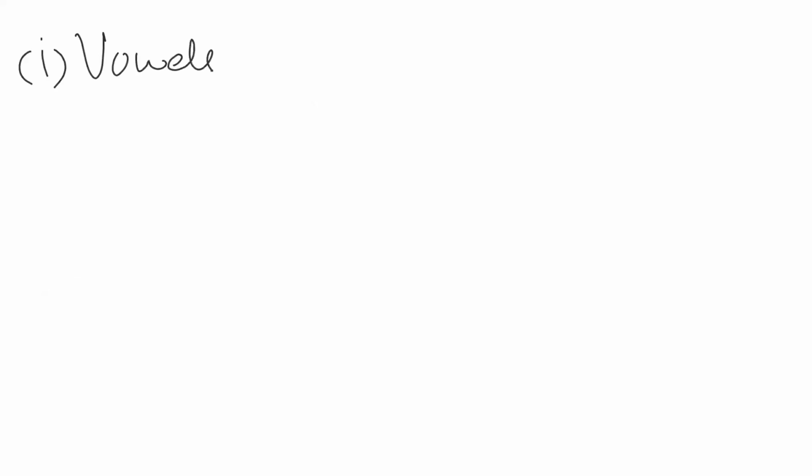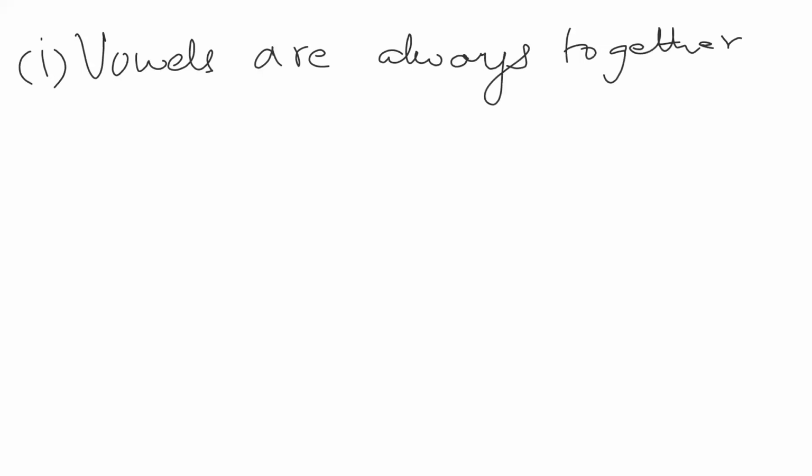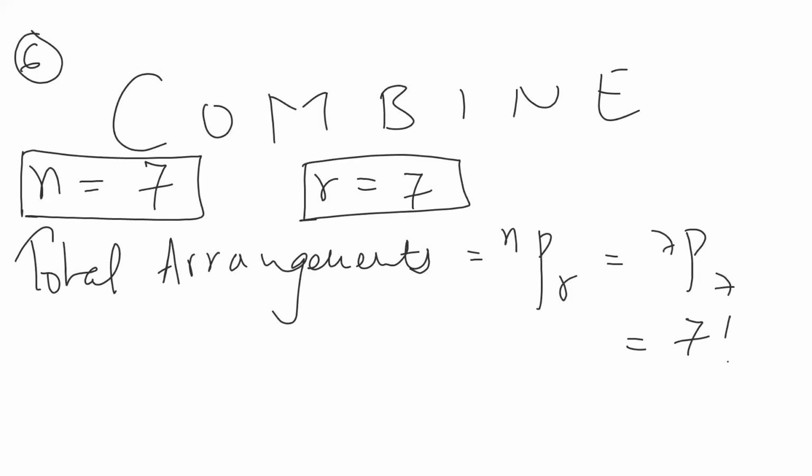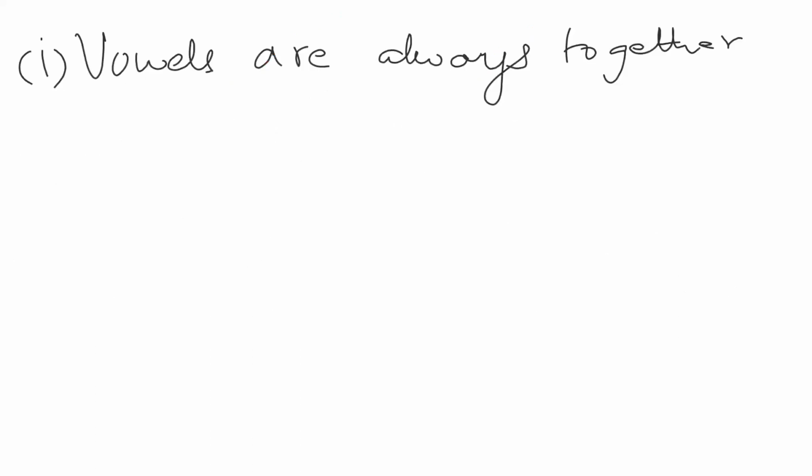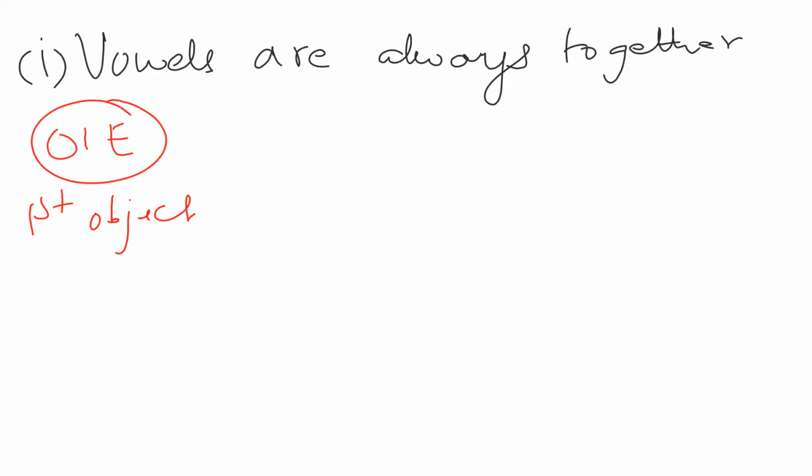Now the first part of the problem: vowels are never separated. That means vowels are always together. So when I say combine, O, I, E, these are the vowels. So these 3 vowels will always be together. O, I, E. This will be marked as the first object. And why are we marking it as a first object?